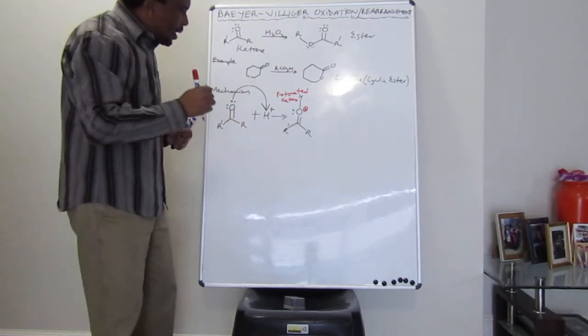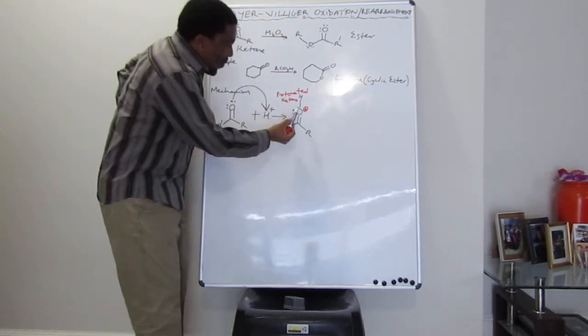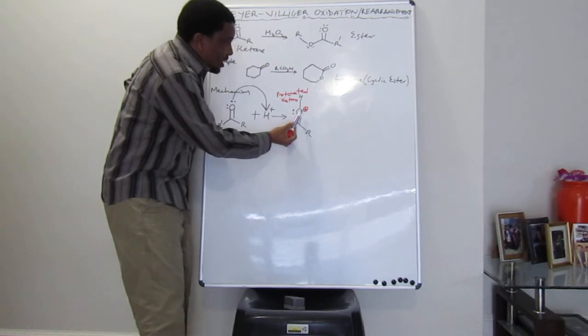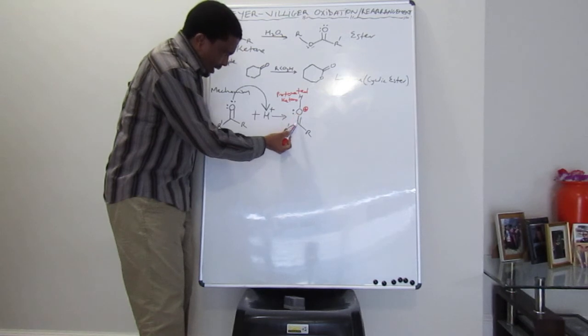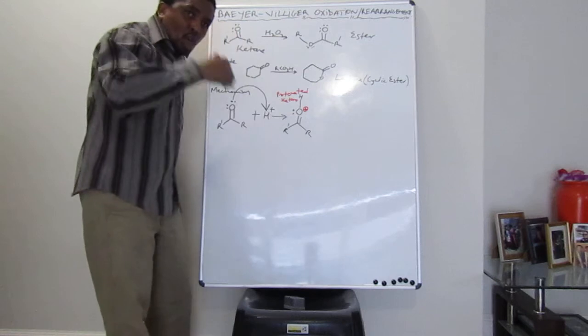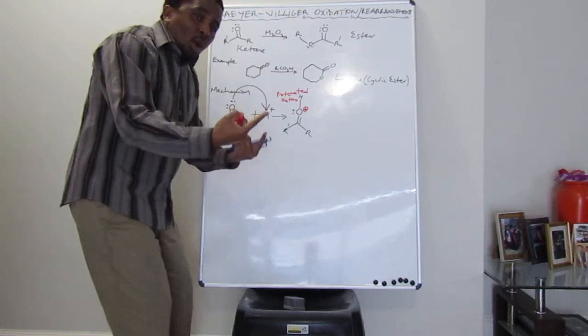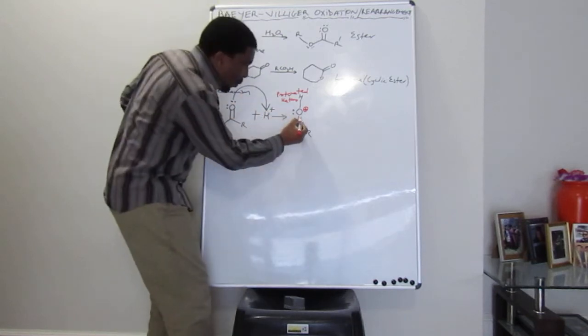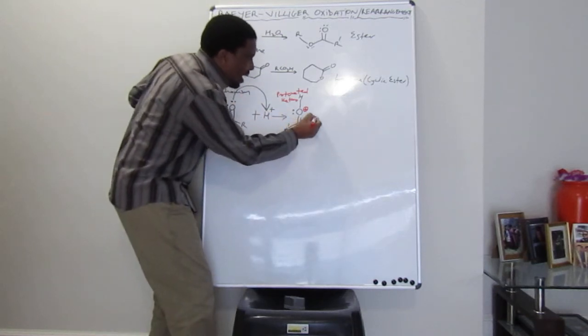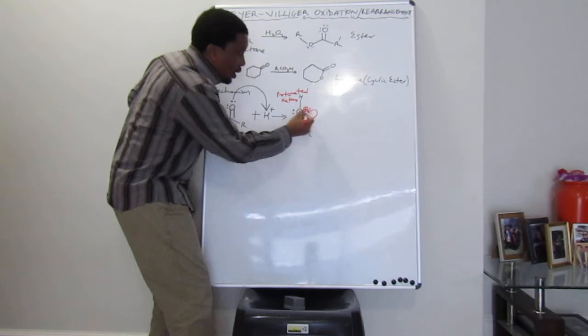That is a ketone that has acquired a positive charge. Now, with this oxygen here being positive and also double bonded to this carbon atom, you've got a double bond here, which is a source of electrons. And remember, electrons are negative in charge, and therefore they will always be attracted towards the positive.